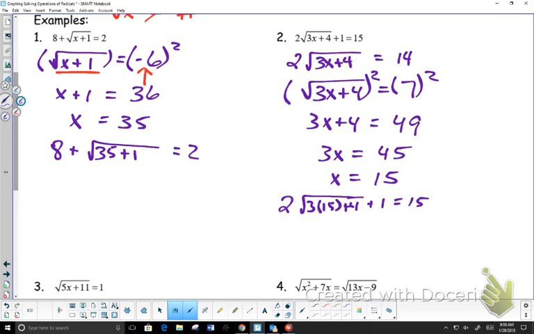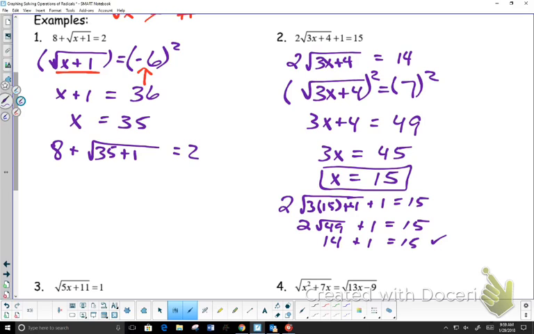So let's see, 3 times 15 is 45, plus 4 is 49. Square root of 49 is 7. 2 times 7 is 14, plus 1 equals 15. So you can see how that one did work. And x equals 15 actually is our solution.